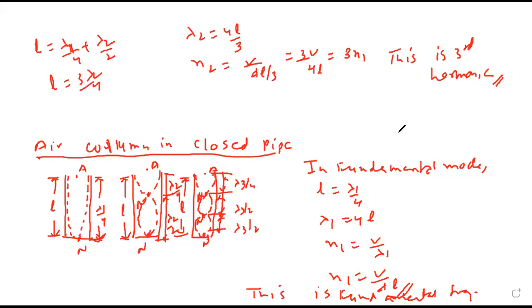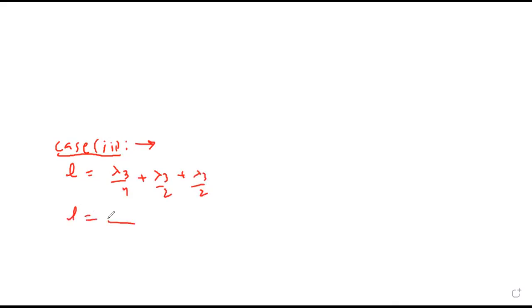So third harmonic we got 3 times N1. Yes, sir. Now in the third case, if you look at the diagram, L is lambda 3 by 4 plus lambda 3 by 2 plus lambda 3 by 2. So LCM is 4. It will be lambda 3 plus 2 lambda 3 plus 2 lambda 3.